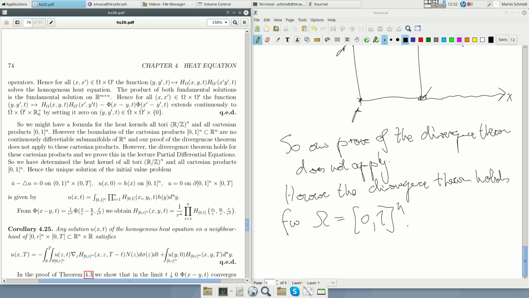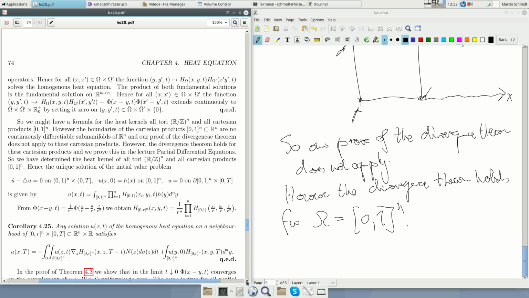Only the prefactor depends on t, with t to the power n half in the bottom. So we get this factor, and then we have the heat kernel of this interval by rescaling.